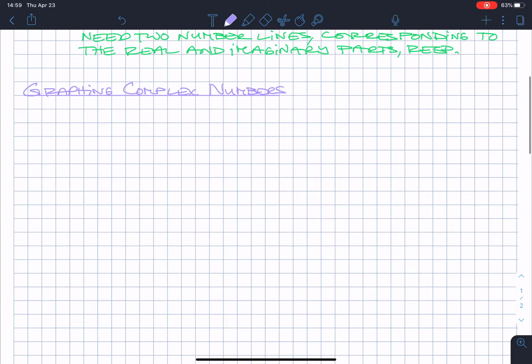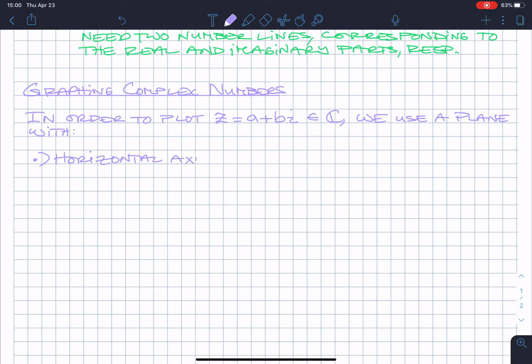In order to plot Z equals A plus BI, an element of the complex numbers, we use a plane with horizontal axis equals real axis and vertical axis equals imaginary axis.